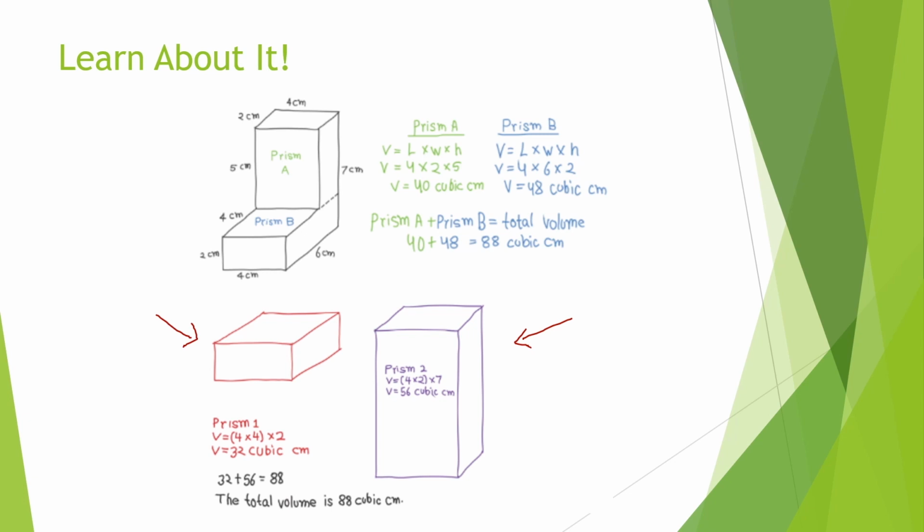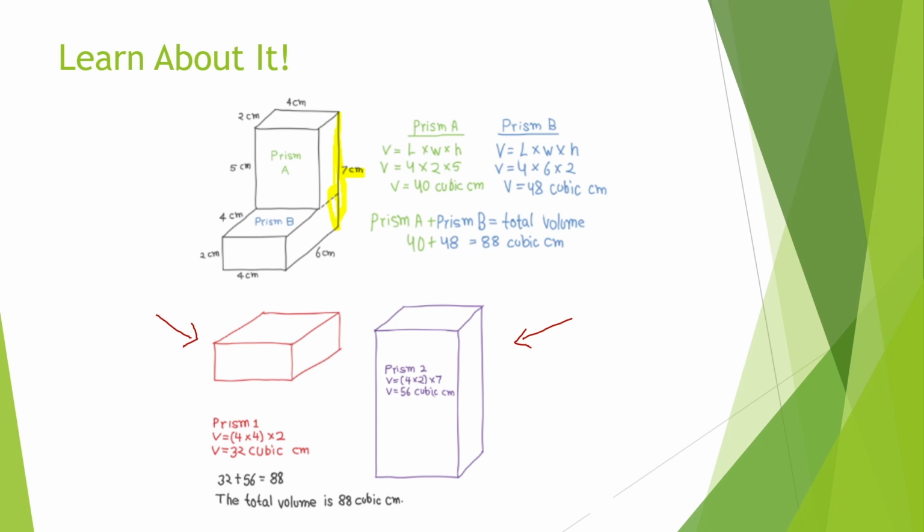Now, this is where it gets a little bit tricky, and I wanted to really point this out. Take a look at the right here where we have 7 centimeters. That 7 centimeters represents that whole entire side. If we were looking at the whole entire prism as one big prism, yes, that would be 7 centimeters all the way.